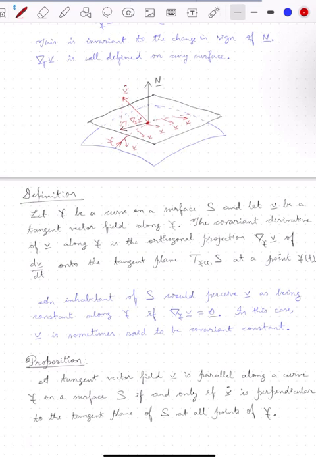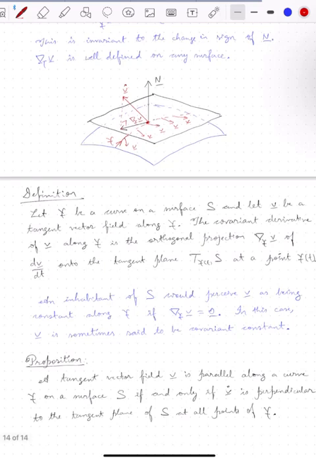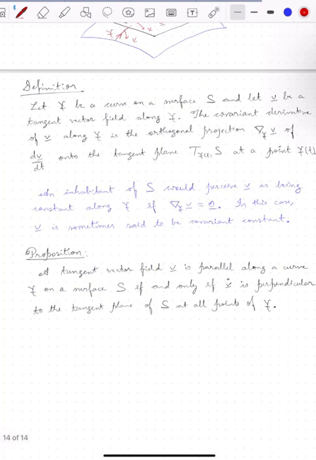In that case, V dot points along the principal normal vector to the curve. If it happens to be parallel to the unit normal to the surface, we would have V vector parallel along the curve gamma at every point, right? So that's what the proposition implies.